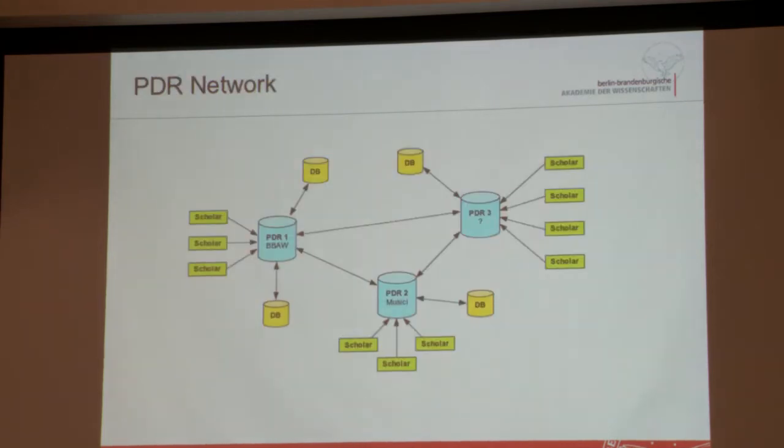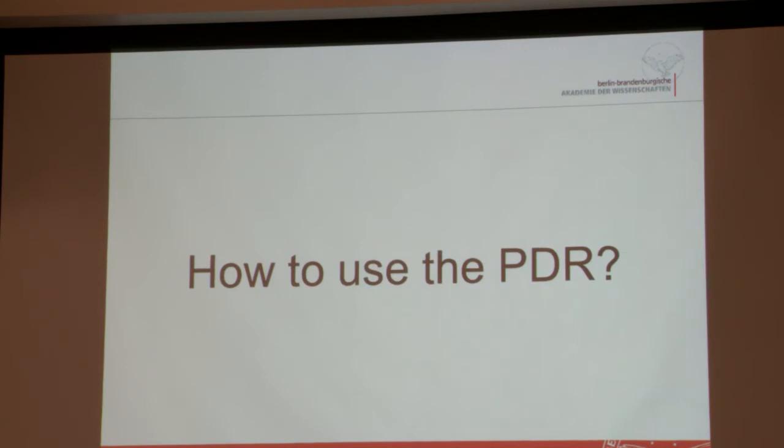Now this is our dream, to have a network of different repositories where different scholars provide data and can use the data of the other scholars, where everything is connected with each other. As I said, we are now two repositories, and we're looking forward to being more in the future. So how can you use the PDR?